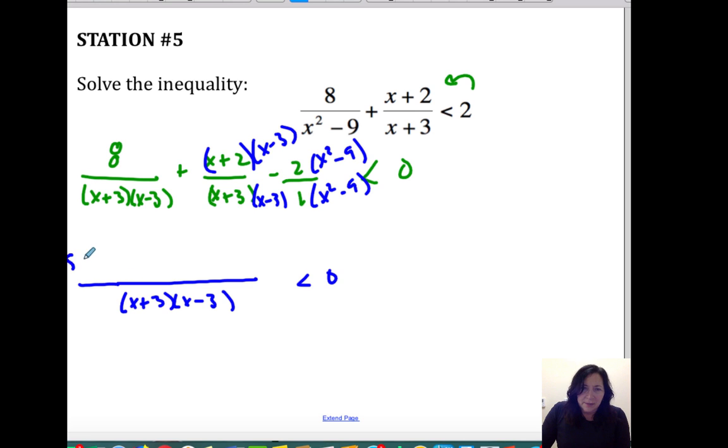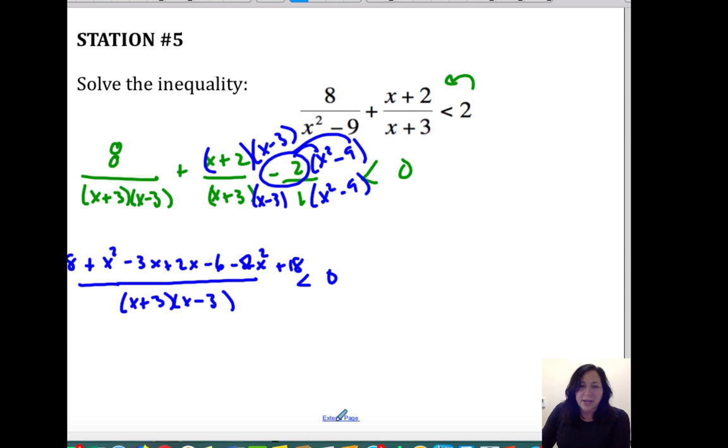So we've got 8 plus, and then I'm going to FOIL. So what is that? x squared minus 3x. So we've got minus 3x. We have plus 2x. We have minus 6. See this negative 2? That has to be distributed. So I've got minus 2x squared, and then plus 18.